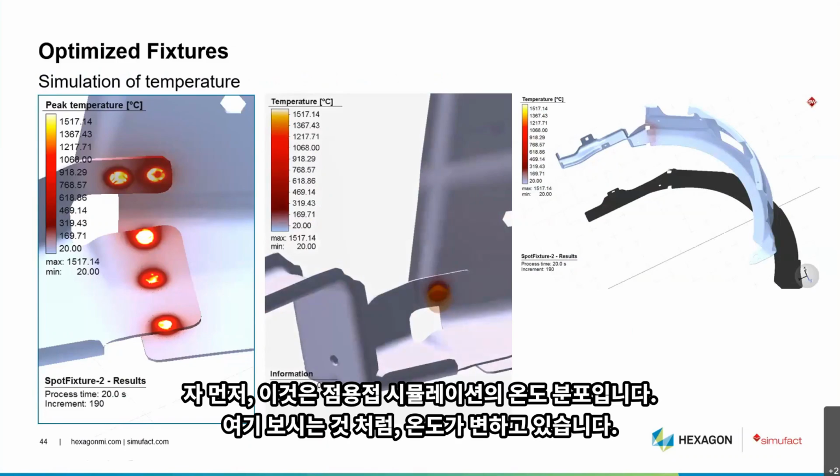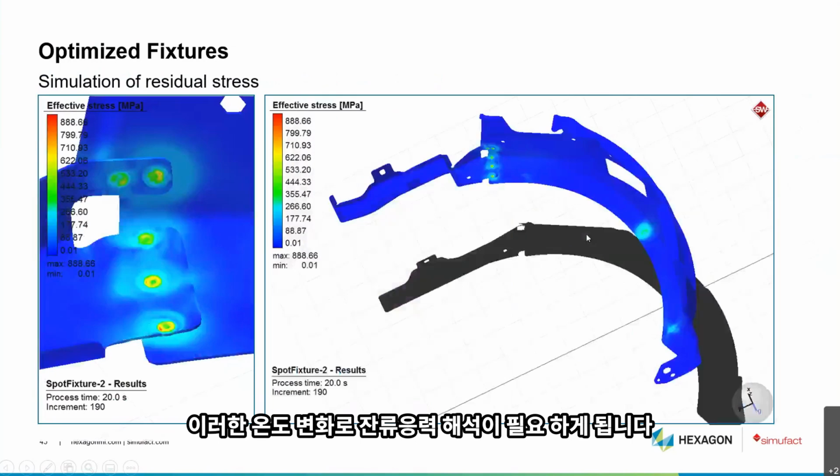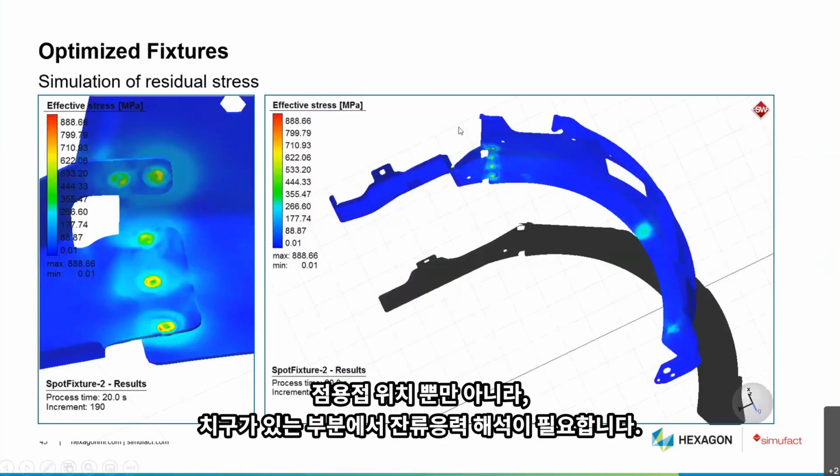First of all, this is the simulation of the temperatures for the spot welding process. You see some temperatures as they change. And this leads, of course, to the simulated residual stress, at the location of the weld spots as well as where some fixtures are.